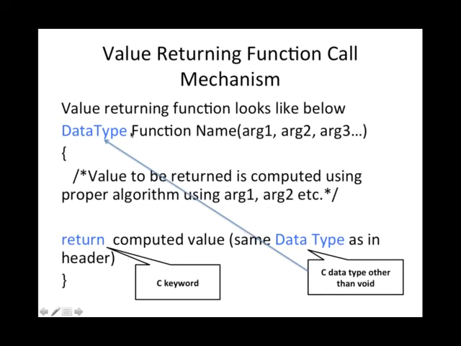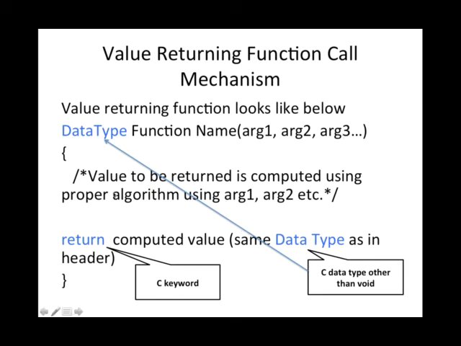But in this line, which is called a header, and again we'll see a code example in a minute, argument 1 will be a data type and its formal name, a placeholder name, data type, placeholder name. That's how they are done. And then the value to be returned is computed using a proper algorithm that uses all these arguments. May not use all of them, but supposed to.